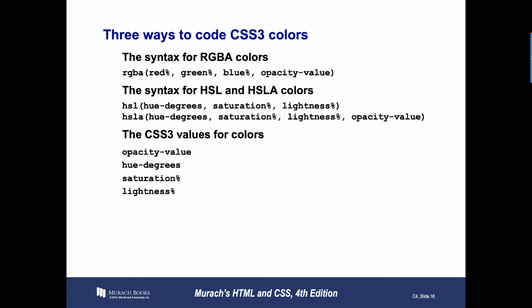HSL, right? Uses hue and saturation and lightness. You specify hue degrees, saturation percent, and the percent of lightness. And HSLA is going to give you the same with an opacity, all right? So there are other things that you should know for values. You have opacity value, hue degrees, saturation percent, and lightness.